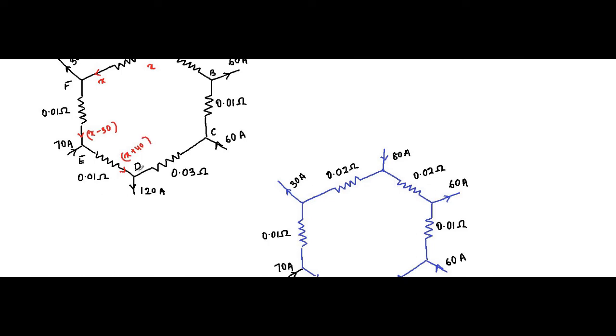Then again at node D, here X plus 40 is entering, 120 is exiting. So this current will be X plus 40 minus 120, which is X minus 80. Again at node C, X minus 80 is entering, 60 ampere is also entering. So it will be X minus 80 plus 60, which is X minus 20, flowing through this 0.01 ohm BC branch.